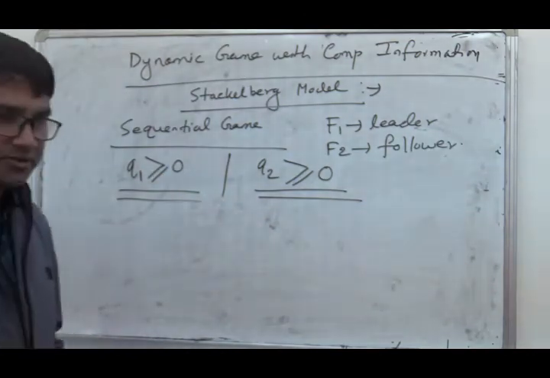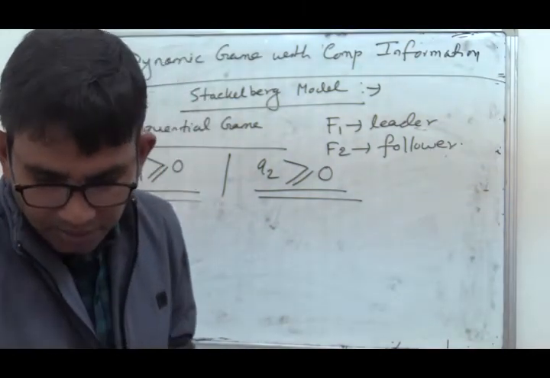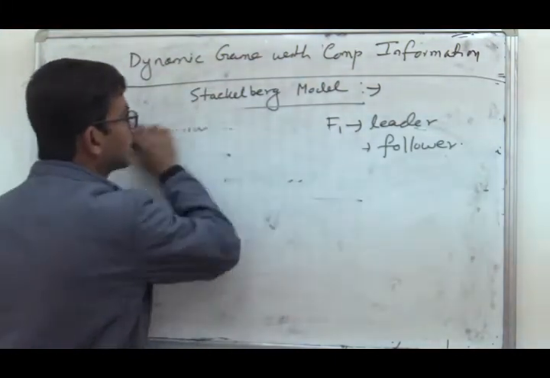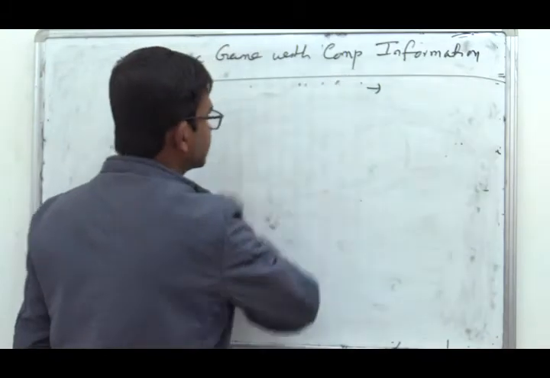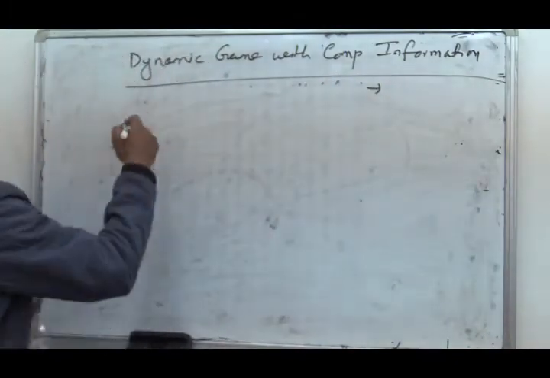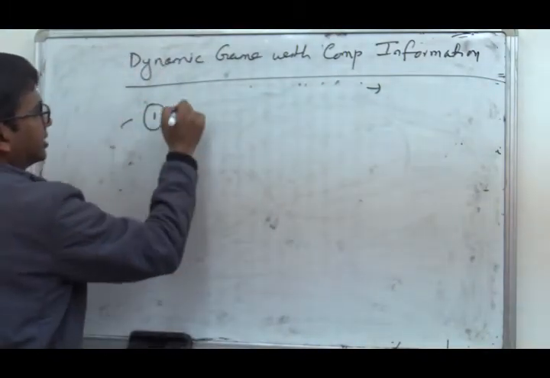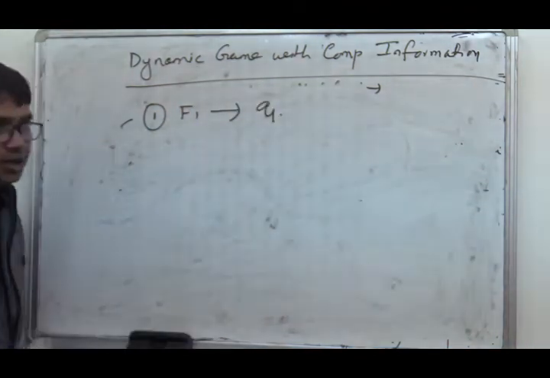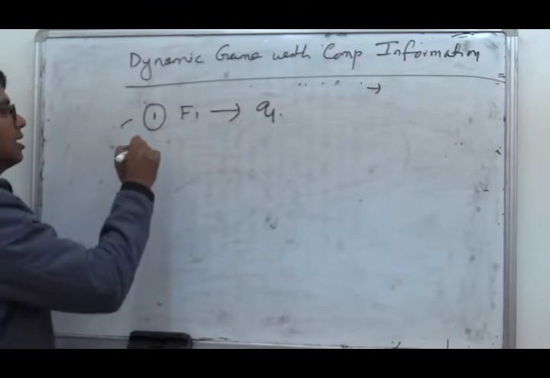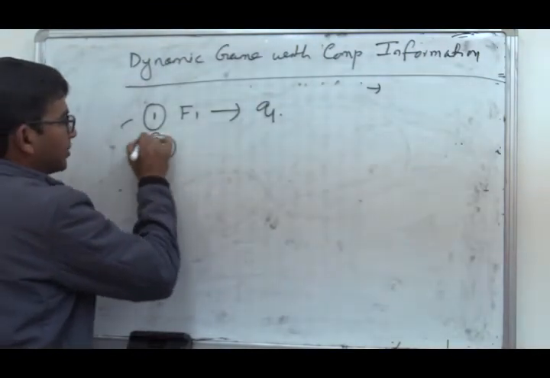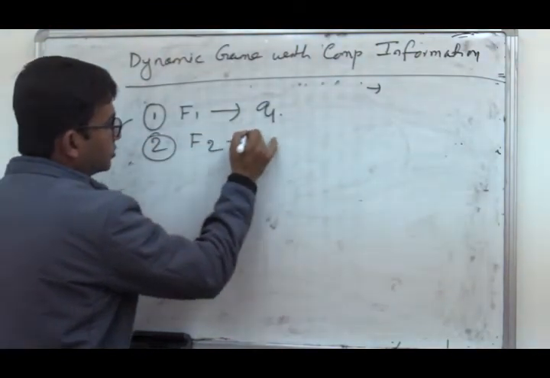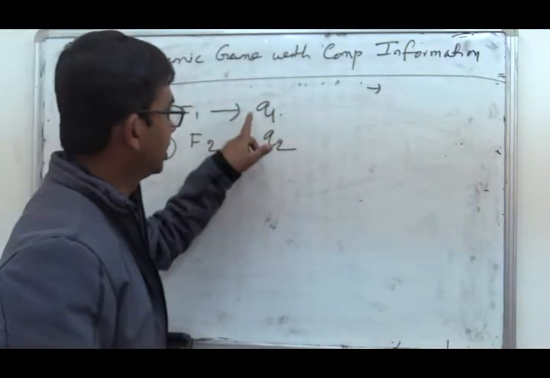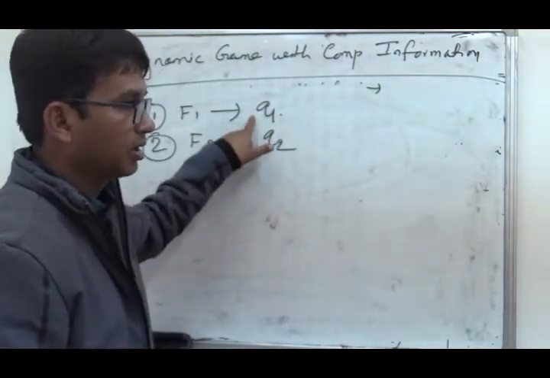So this game is a sequential game. Why? Because this game moves in a sequence. At the first stage, firm 1 chooses the output level Q1. In the next stage, firm 2 will choose its output level Q2, but definitely this Q2 will depend upon the level of Q1.